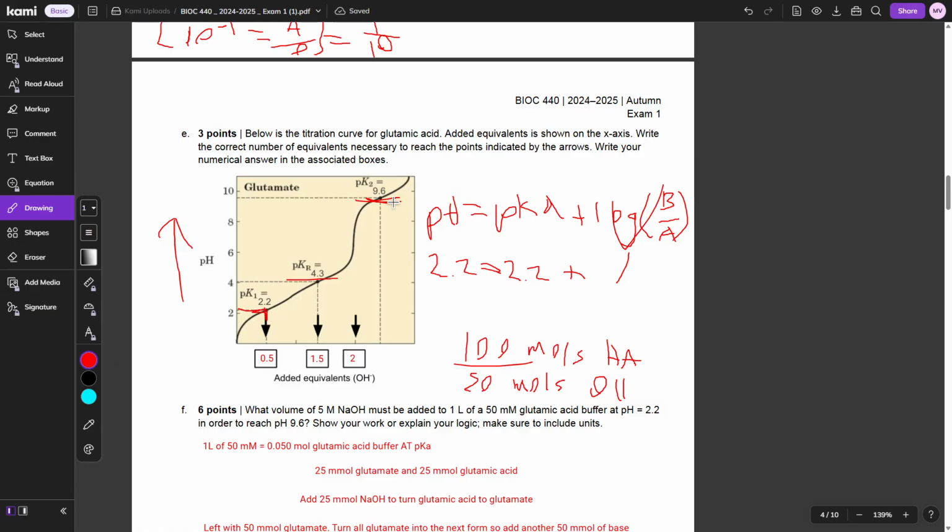Does that make sense? The distance between the pKa's, yes. These are both acidic pKa's. This up here is a more basic pKa.